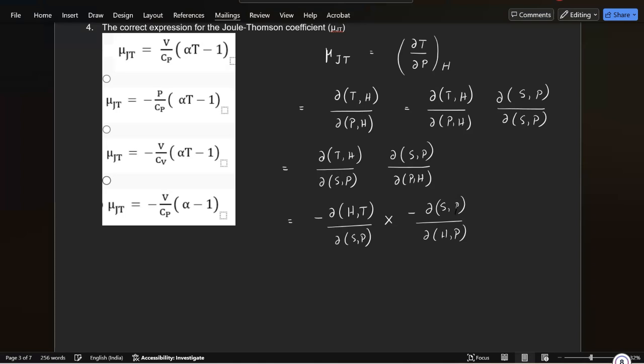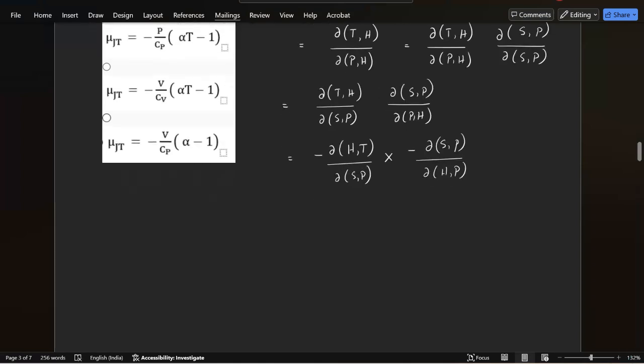So this is what we have. Minus minus will get cancelled, so that is quite straightforward. Then let's expand this. One more step before that: this is going to be del H, T and del S, P. Here I'm going to do one more step and bring this to the denominator.